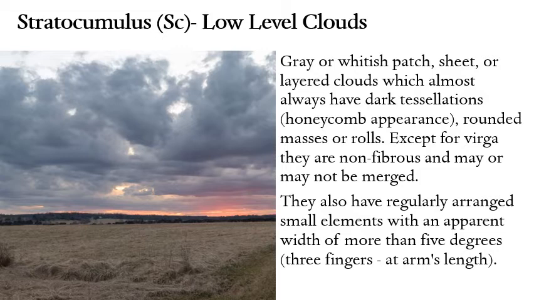Virga refers to the visible streaks of precipitation coming from the stratocumulus clouds. But sometimes this virga may or may not merge.